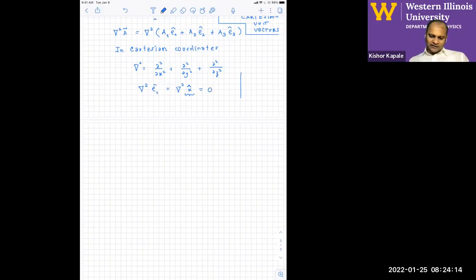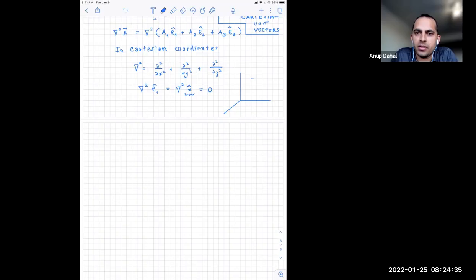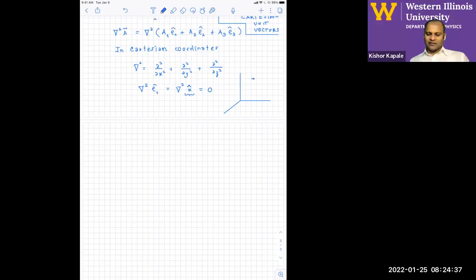Let's take this point here. What's the direction of x hat at that position? I mean, how would I draw the vector x hat at that position? Towards the positive x direction, and it has unit amplitude.